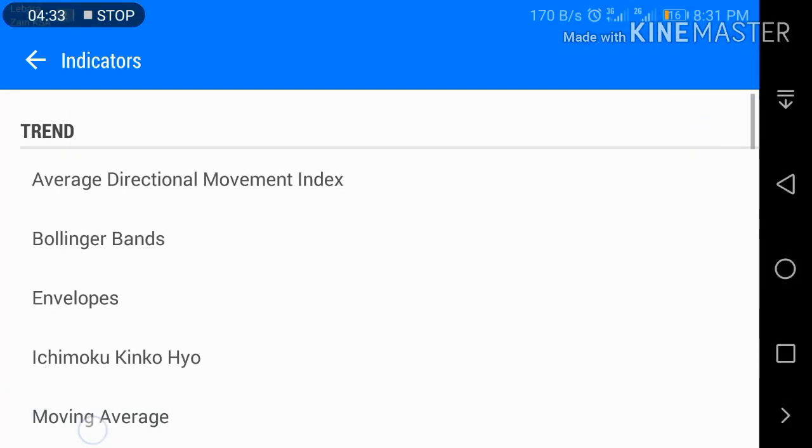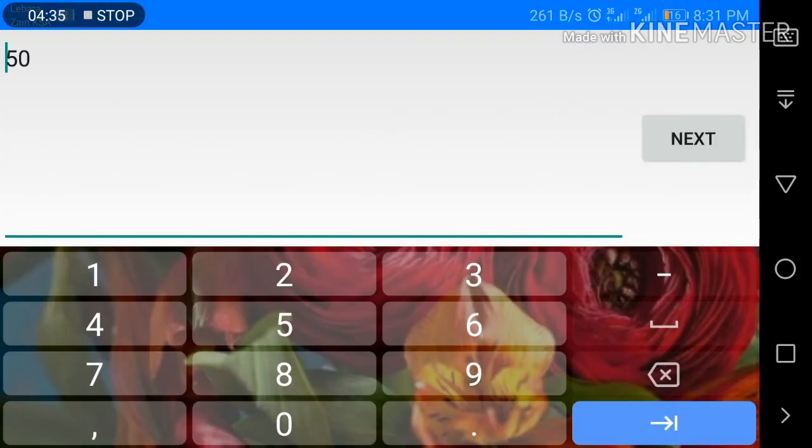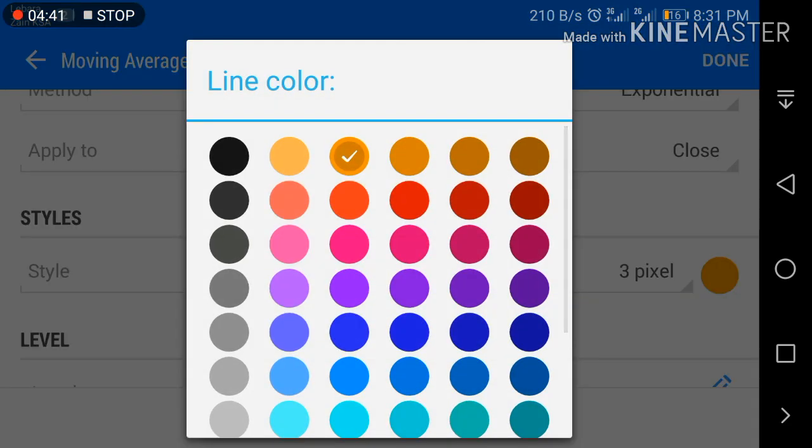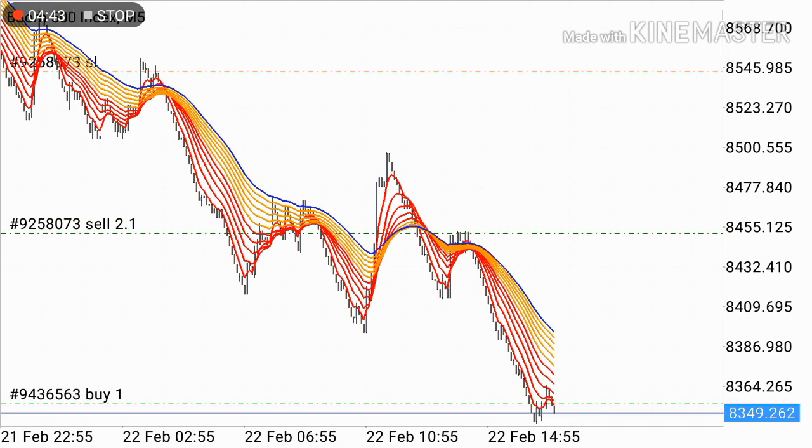Now again, moving average 55, and change the color. Choose the same color I chose.